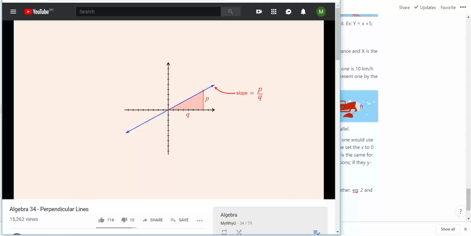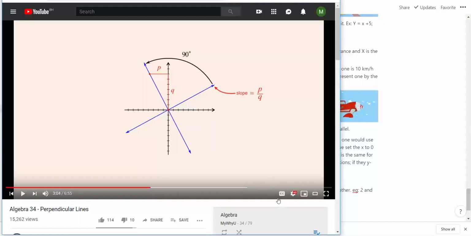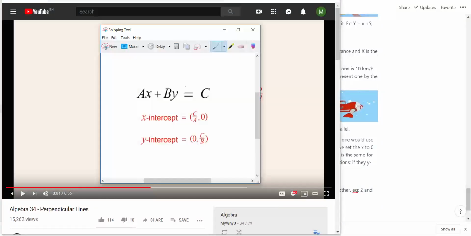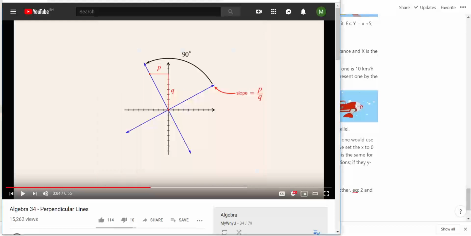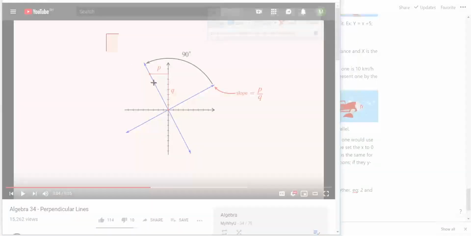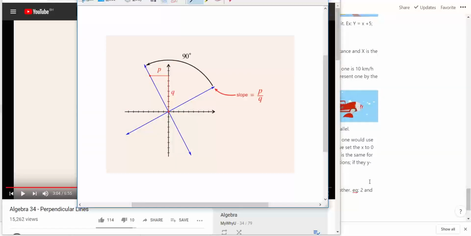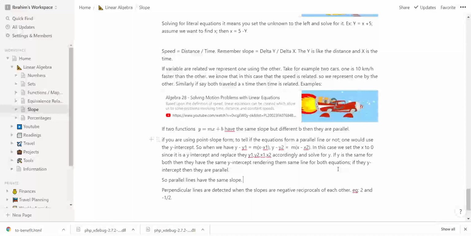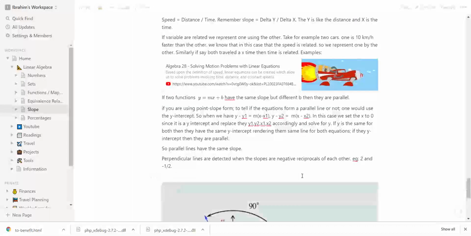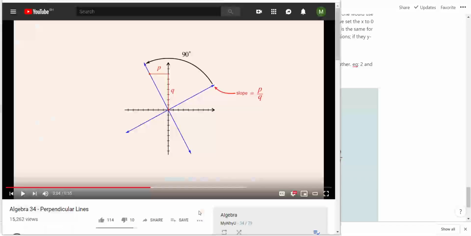Now let's create a second copy of this diagram, rotated 90 degrees counterclockwise. Since the copy of the line is rotated from the original line by 90 degrees, the two lines are perpendicular.